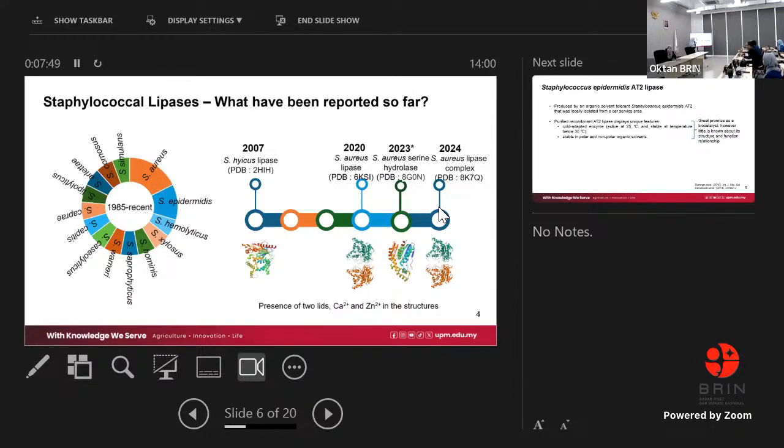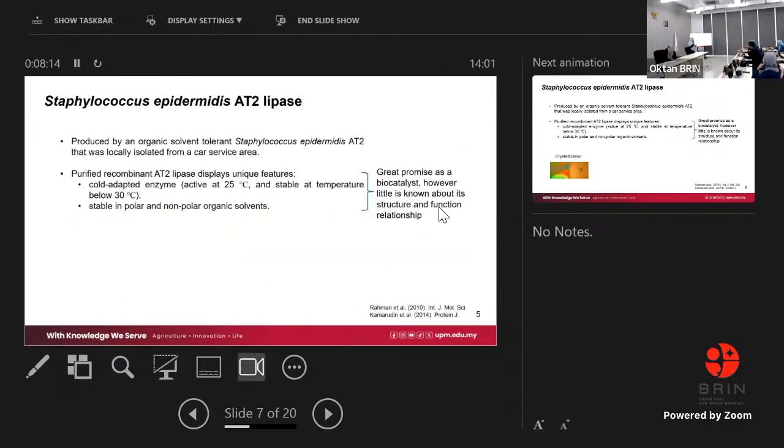In 2020, there was another lipase reported, but it is not really stated whether this is a lipase. It is generally stated that it is a serine hydrolase. And in 2024, there's another one, but it comes from the same Staphylococcus aureus lipase reported in 2020.